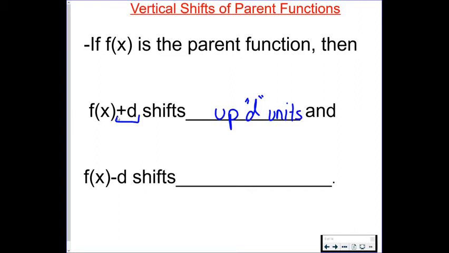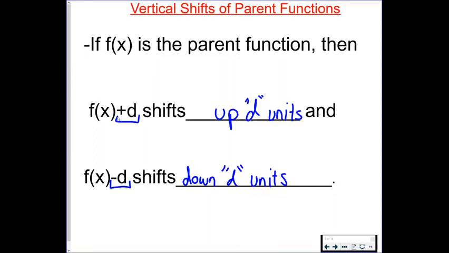And if there's a minus on the outside, it does the opposite. It shifts the graph down d units. So that rule allows us to identify what a graph is going to look like just based on the equation.